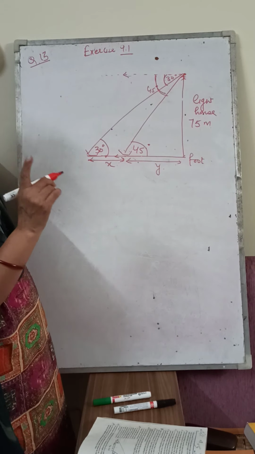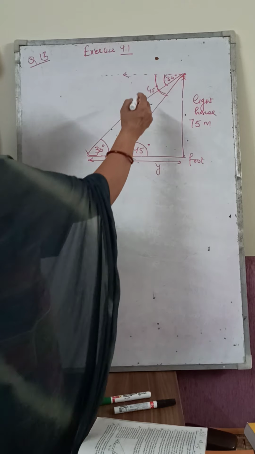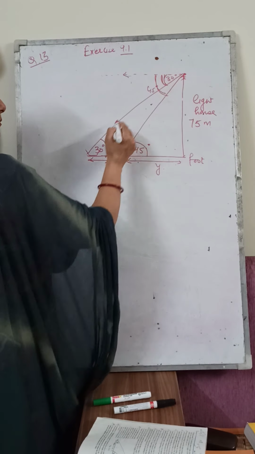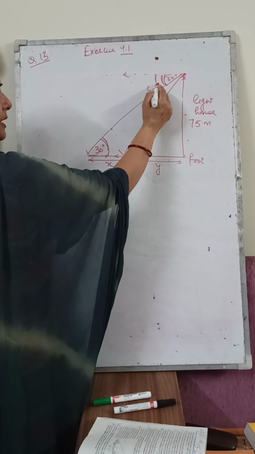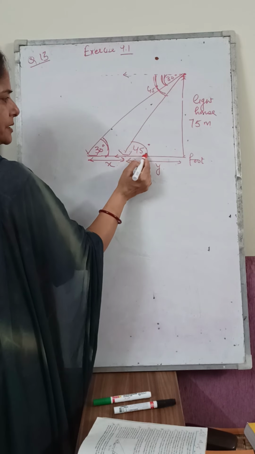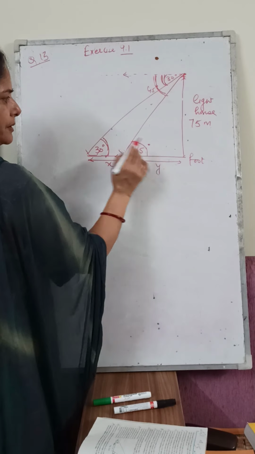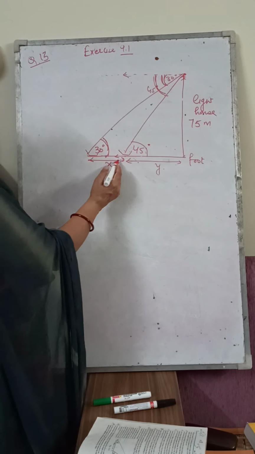Why? Because you know alternate interior angles are equal. So this angle is alternate to this angle, making Z shape. Similarly, this angle is alternate to this angle, making Z shape. You have to find this x.